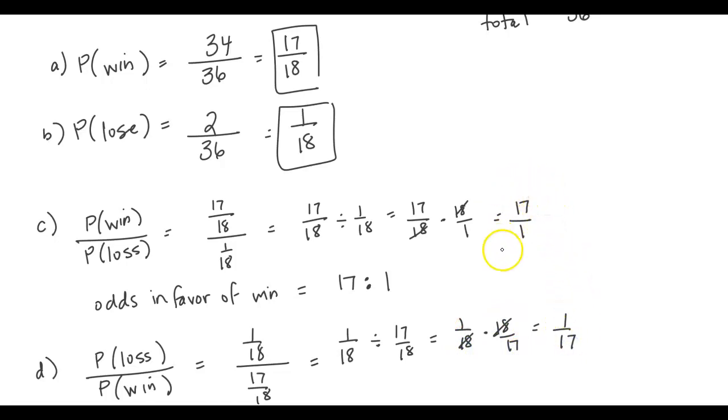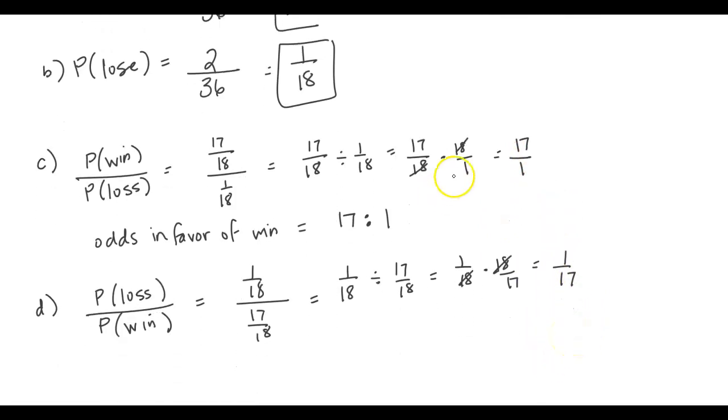Notice that the odds in favor of a win and the odds against a win, if they're written in fraction form, are really reciprocals of each other. If they're written with a colon, they're just written in different orders.